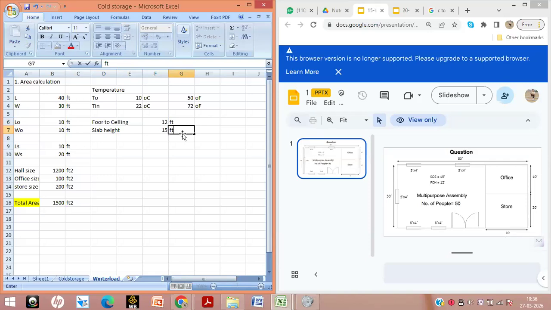Now we have the temperature readings. We have height. We have area. So we'll move toward our design calculation. First of all, we need to calculate the heat loss.